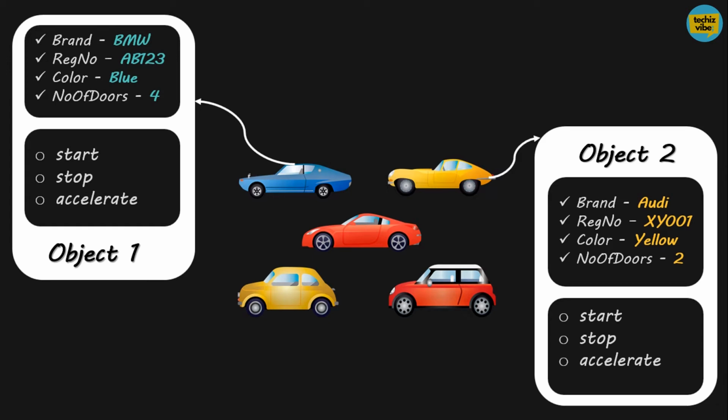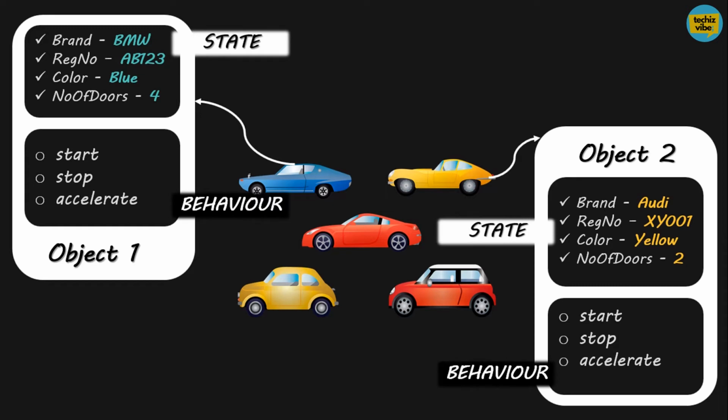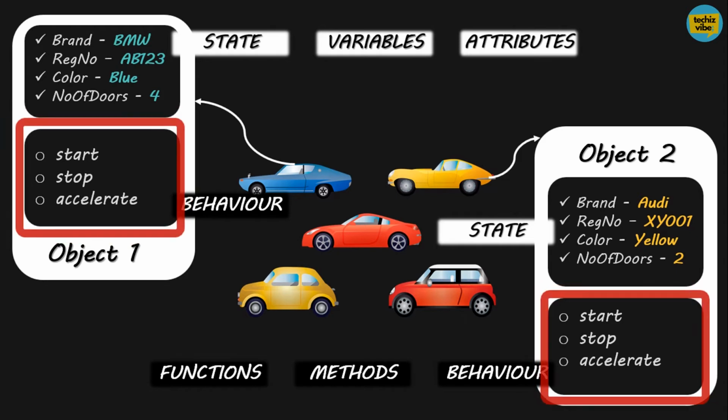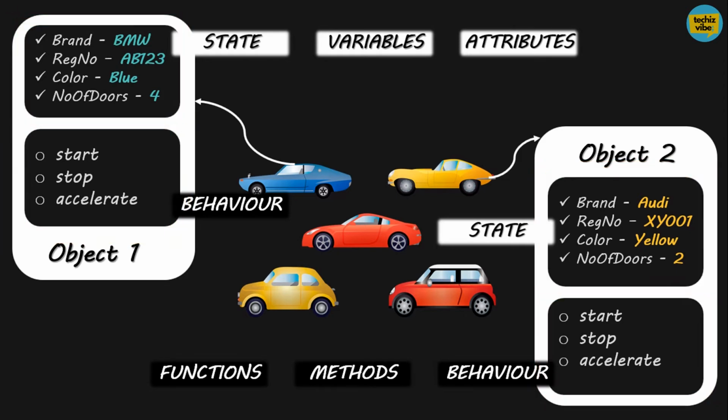So what we learned, each object have its own state and behavior. In programming language, we can say state as variable or attribute or fields, and behavior as functions or methods. These all objects or cars have same set of functions and same set of attributes.